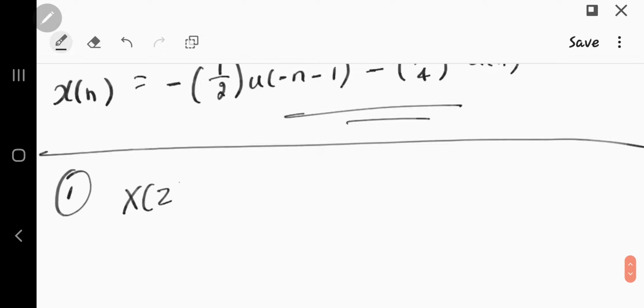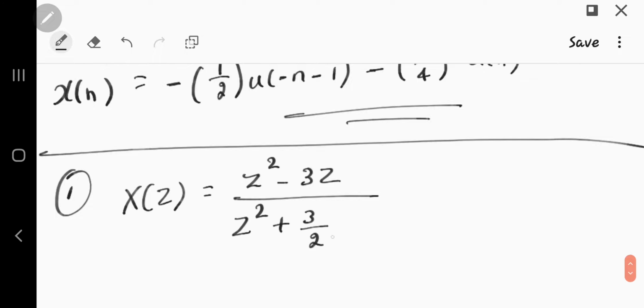So first one is, given x of z is equal to z square minus 3z divided by z square plus 3 by 2 z minus 1, where the ROC is in between 2 and 1 by 2.